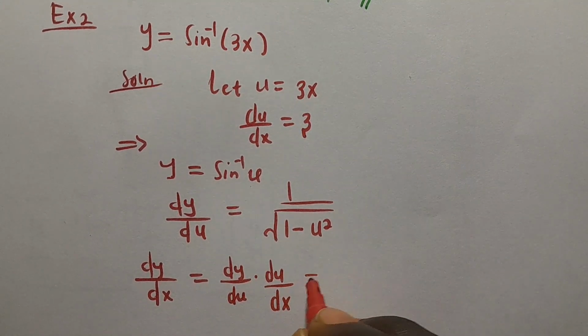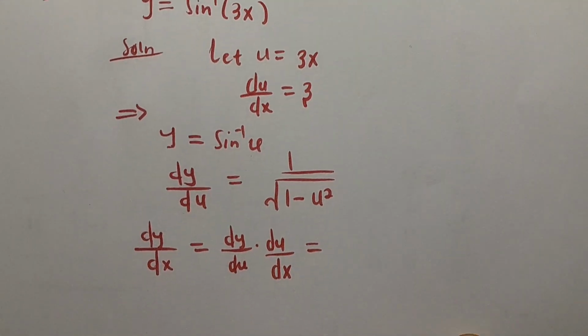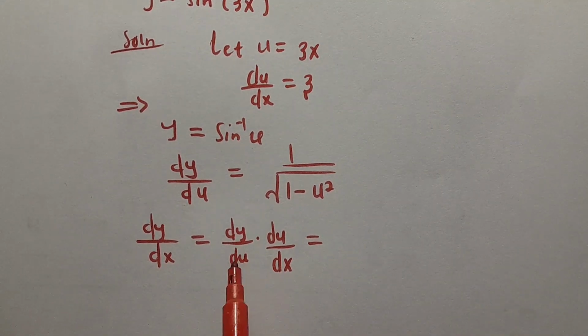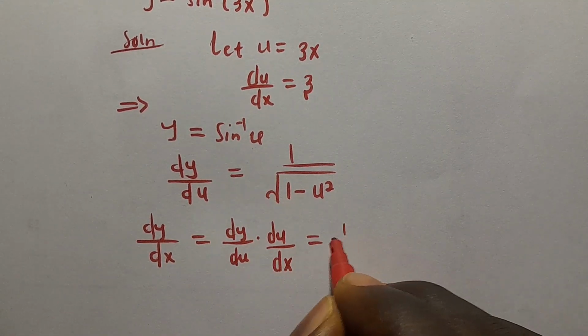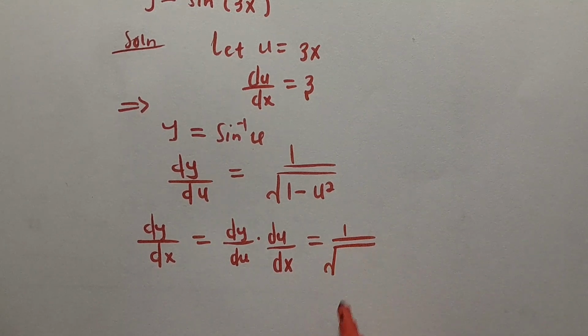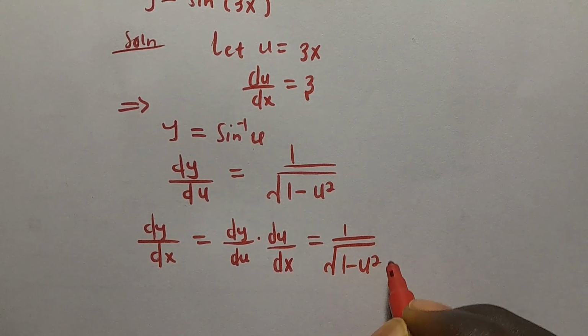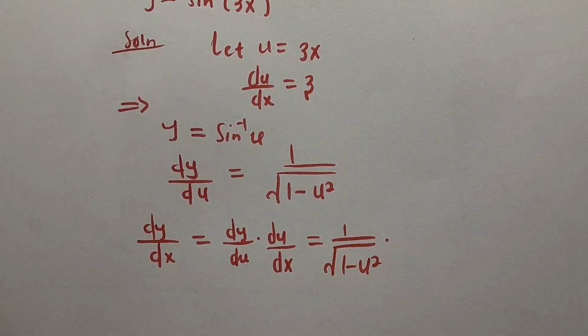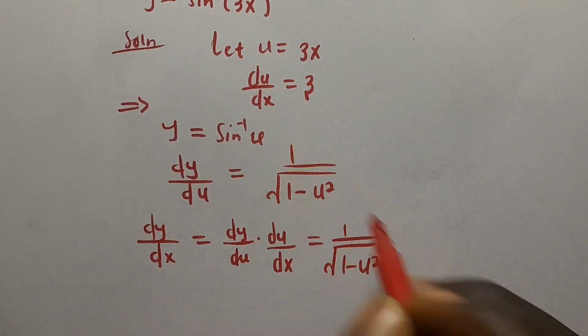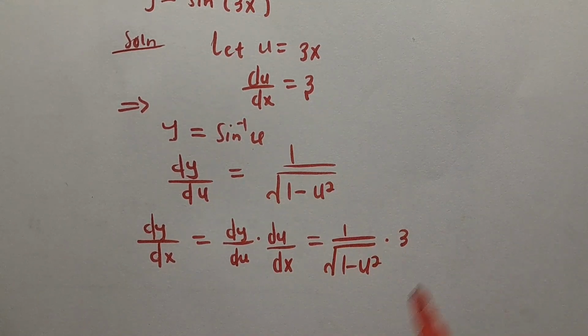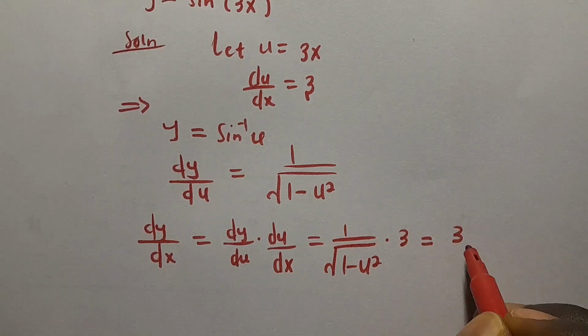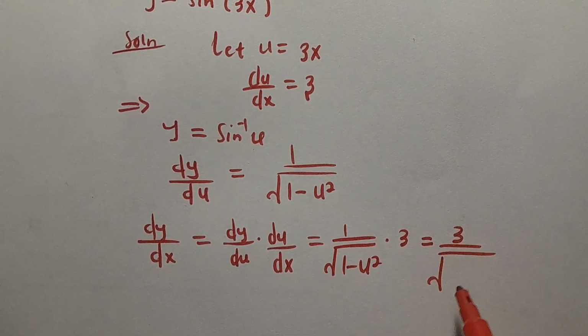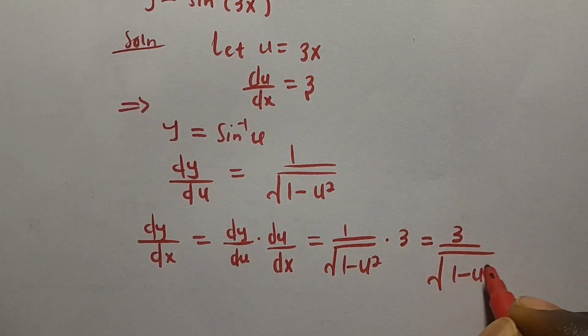Now dy/du has been given to be 1 divided by the square root of 1 minus u squared. Then du/dx has been given to be equal to 3. So therefore, we have this to be 3 divided by the square root of 1 minus u squared.